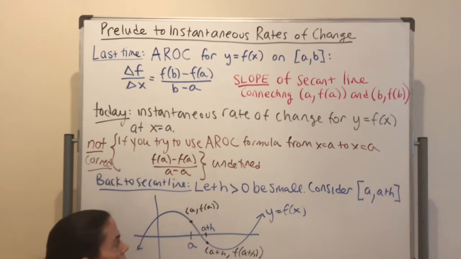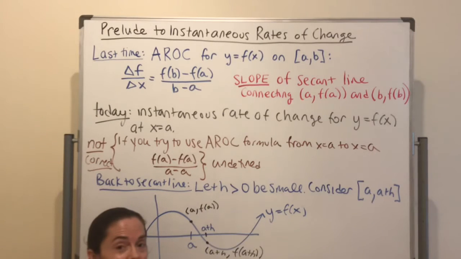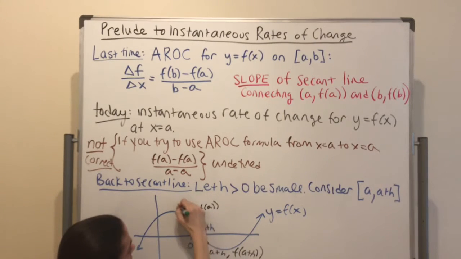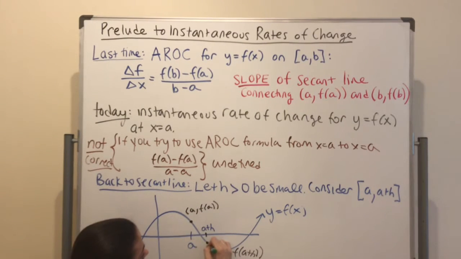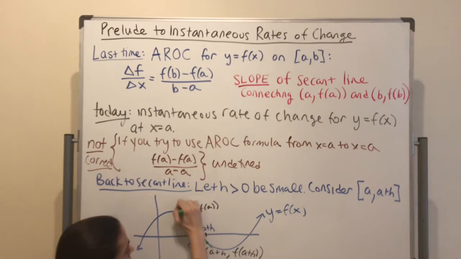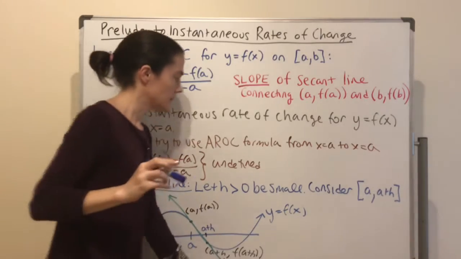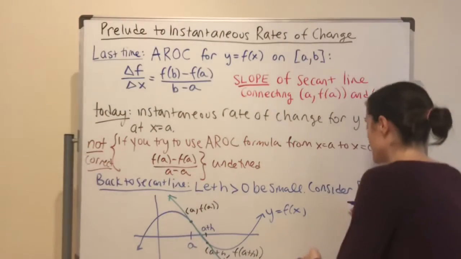Okay? Now, this is now an interval. I can calculate the average rate of change on that interval. Equivalently, I can draw the secant line between these 2 points and calculate the slope. So let me draw the secant line here. Okay, so we can connect these 2 points with a line.